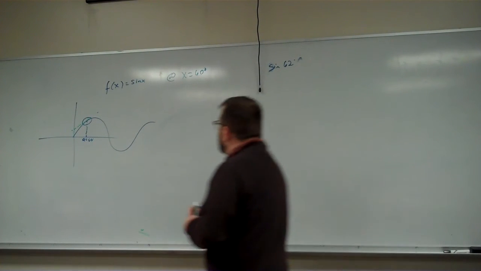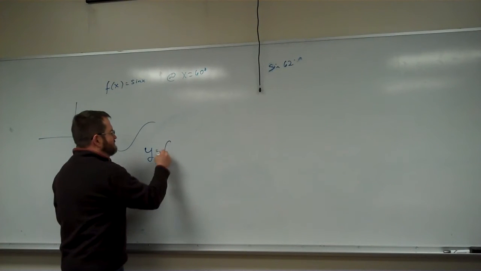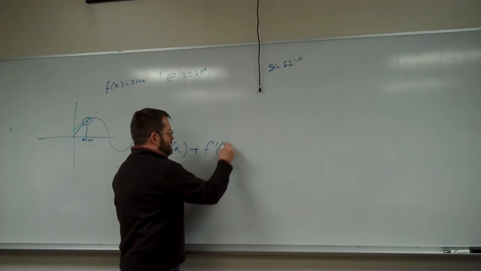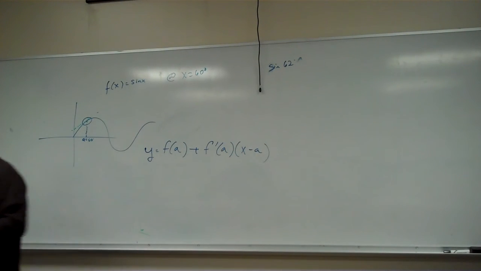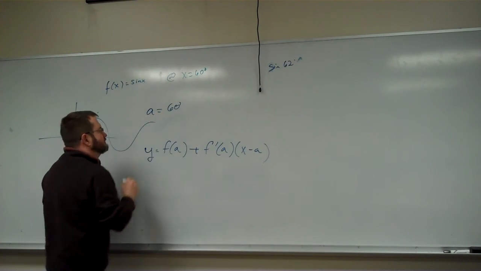So, we're going to use our idea here that we should be able to come up with some kind of linear approximation. It's plus, right? Yeah. We do this in a slightly different notation in meteorology, so I need to make sure I do this carefully. So we are somewhere near where A was equal to 60 degrees.